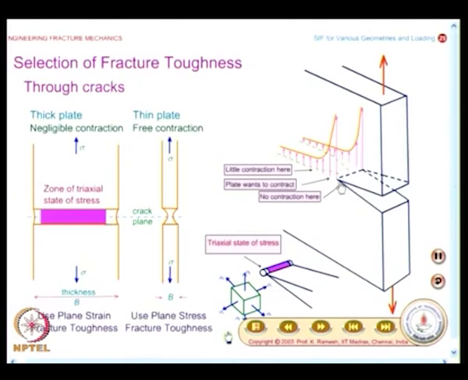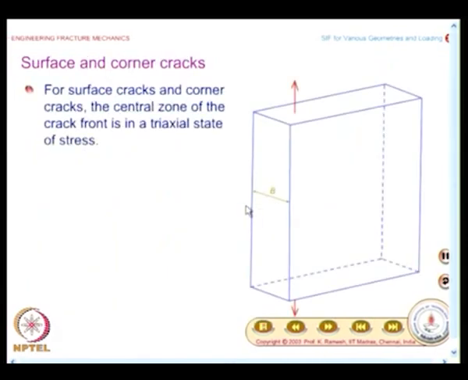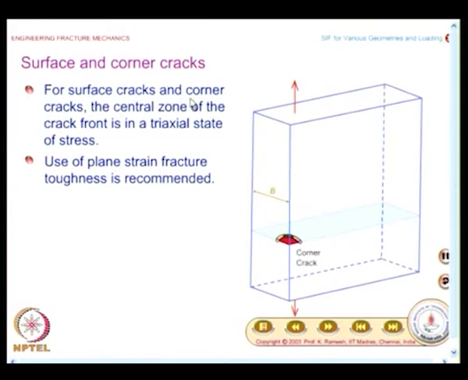After having looked at through the thickness cracks, we will have to look at how you are going to handle the surface cracks. What happens in the case of surface and corner cracks?